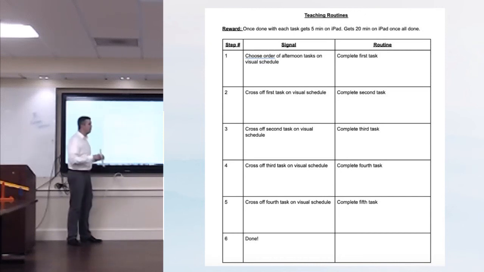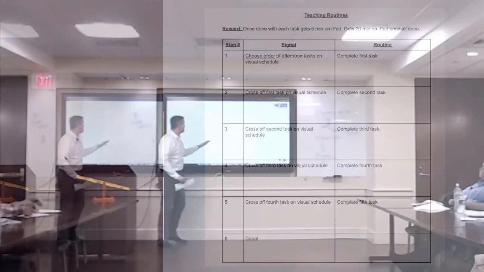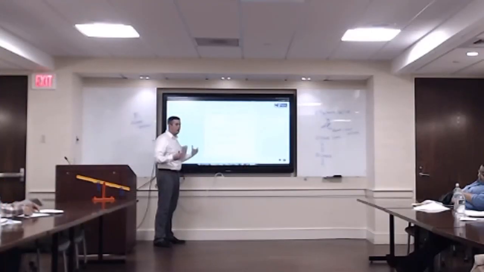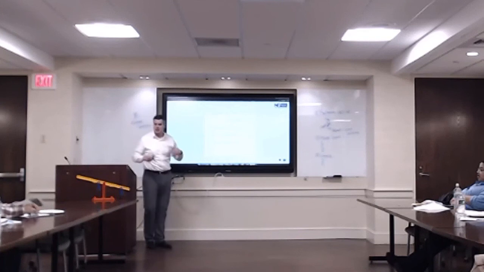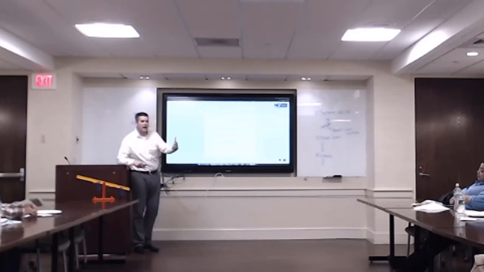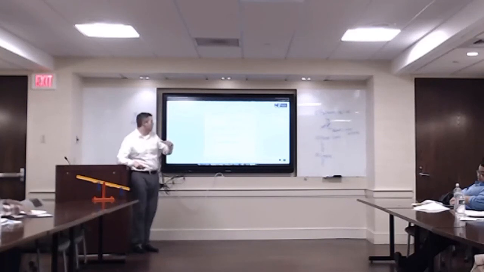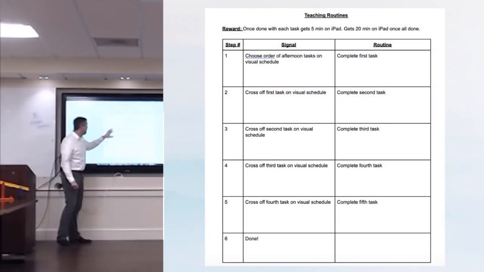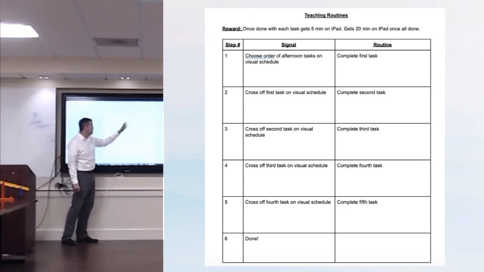This is an example of, oftentimes people ask me, and they say, well, in the afternoon, my son just comes home, watches the iPad, and doesn't really do anything about it, right? So this is kind of a nice way to teach a schedule. I'm not just saying first task, second task, third task, fourth task.